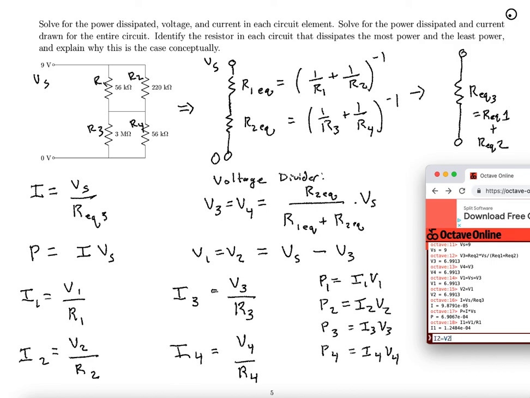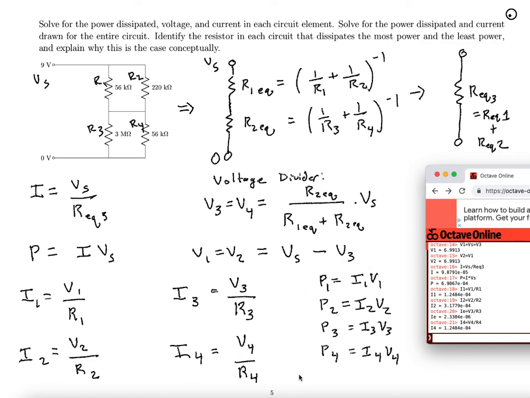I2 equals V2 over R2. I3 equals V3 over R3. I4 equals V4 over R4.